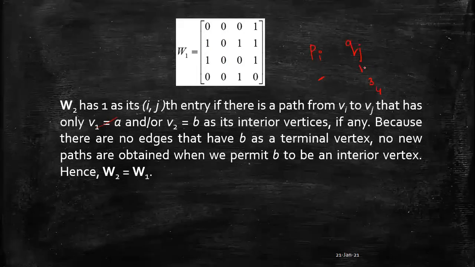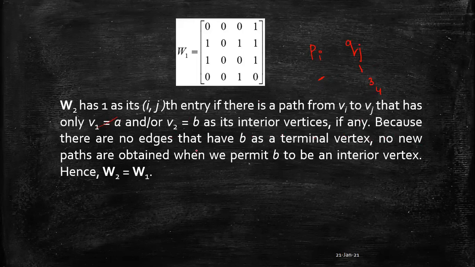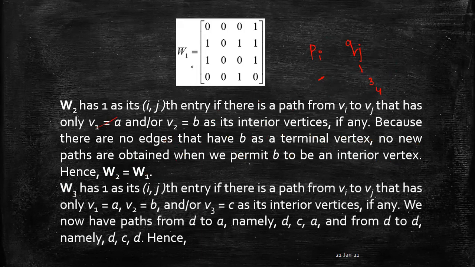Can we create any pair of elements? No, we cannot create any pair, because there are no edges that have B as a terminal vertex. No new paths are obtained when we permit B to be an interior vertex. Hence, W2 is equal to W1. Since we cannot create any new matrix with these values, W2 that we are taking will be equal to W1. So W2 is the same.